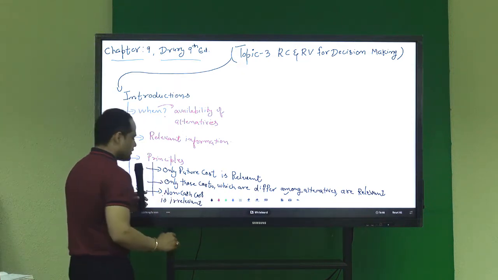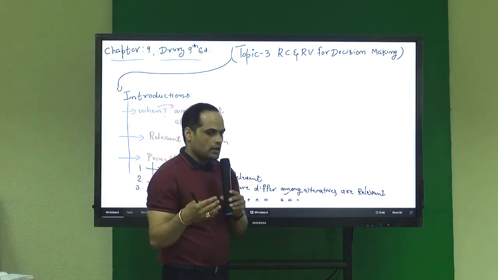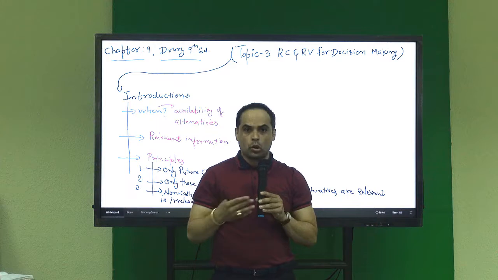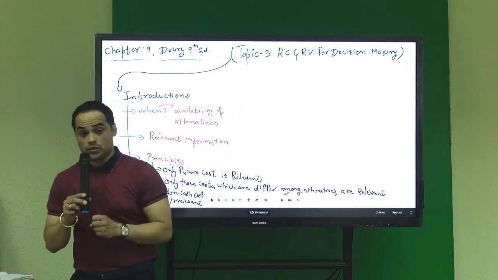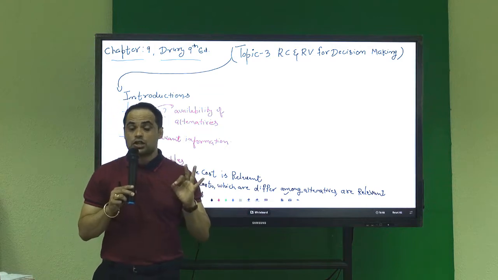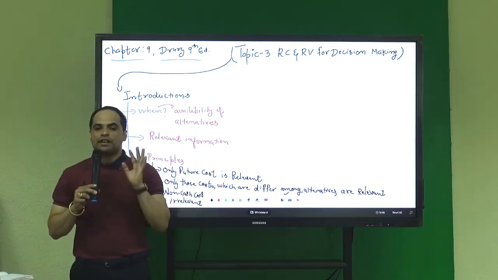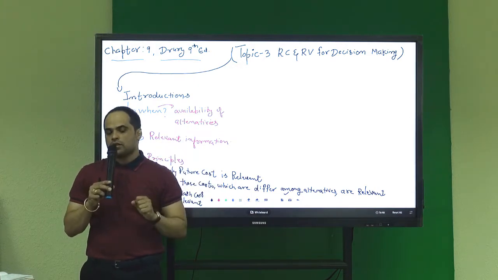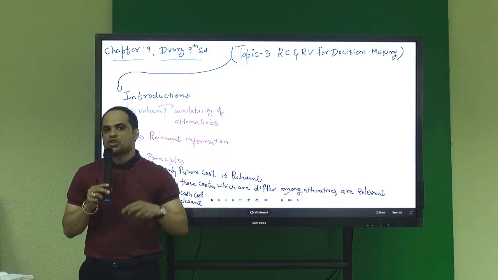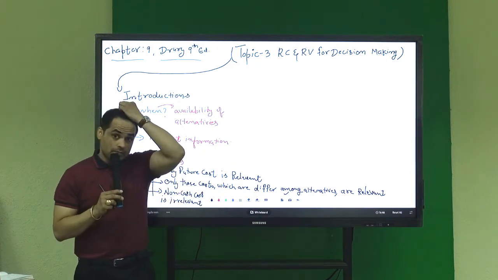Which means any kind of cost which is non-cash expense, non-cash cost, the best example is depreciation. So which means depreciation is irrelevant. We don't have to consider or think about the cost of depreciation. Why? Because it's irrelevant as per the principles.